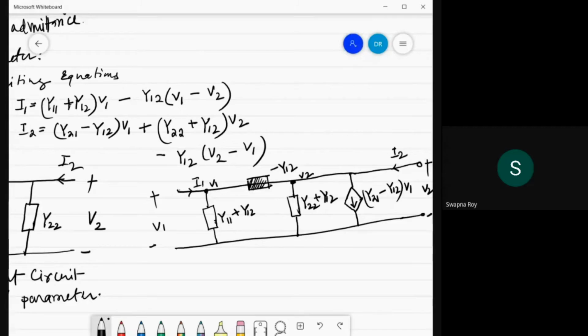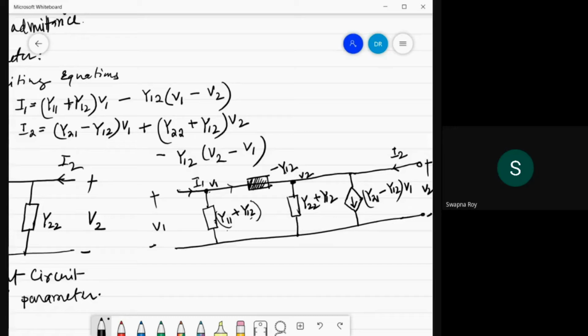So when I am writing the expression for I1, it is equal to V1 into Y11 plus Y12 plus, some of the I1 current will flow through this path and some current will flow through this path, and this current is equal to this admittance minus Y12 into V1 minus V2.